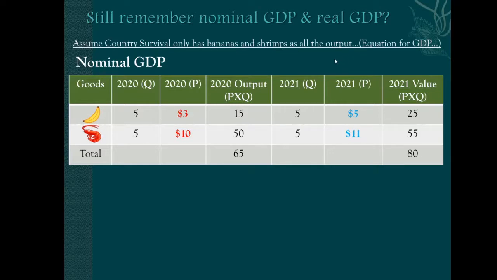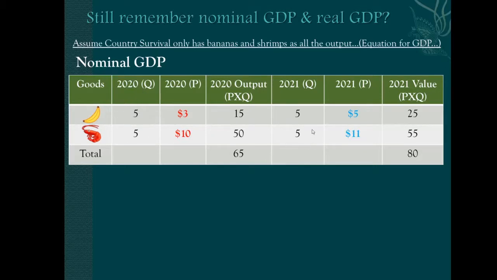Now it's a bit different. Look at this: the numbers that we use are exactly the same as what we have used for CPI. For 2020, this is the output of the economy, the total output.